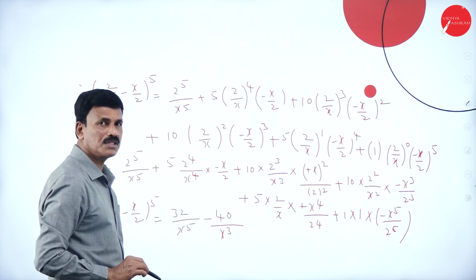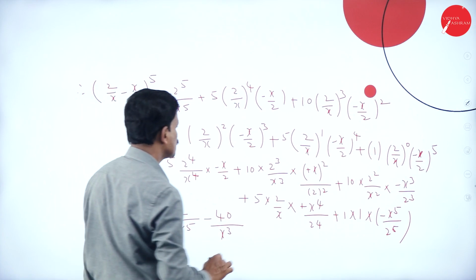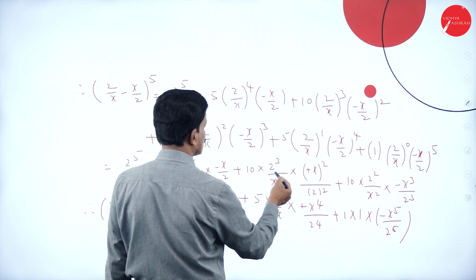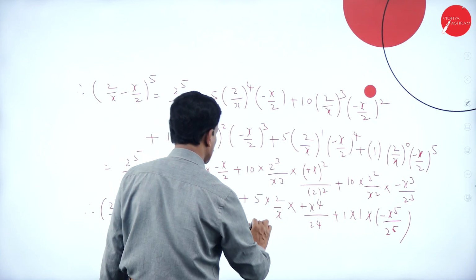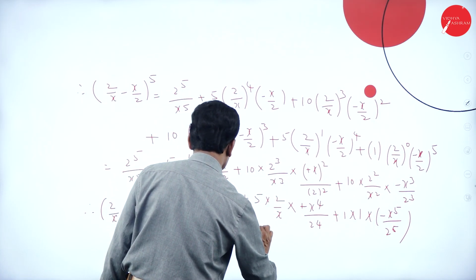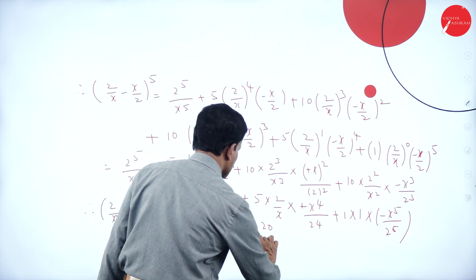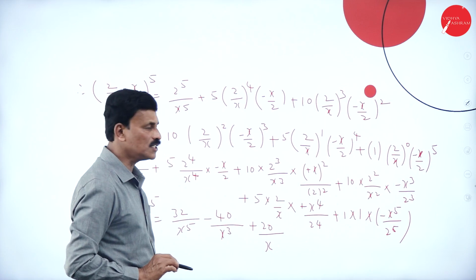Plus here, x square and x square get cancelled, 2 square gets cancelled, 10 into 2 is 20, this is plus 20 divided by x, as x square and x square get cancelled, you will get 1 x in the denominator.